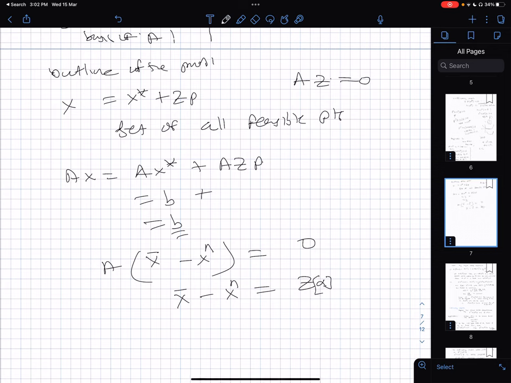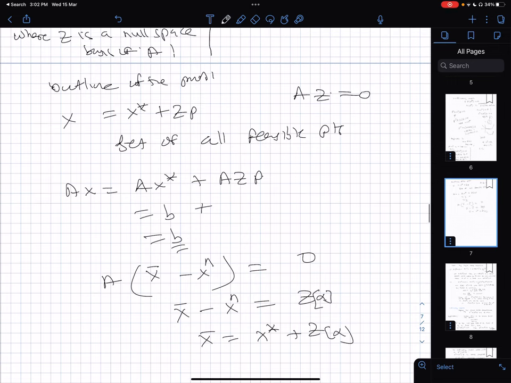This vector has to belong to the null space, so it can be represented as a linear combination of Z times some alpha vector, and therefore if you take one of them to be the same as x star, then any other feasible point can be written as follows. Maybe I will use alpha here because p sometimes we have used as an n-dimensional vector.